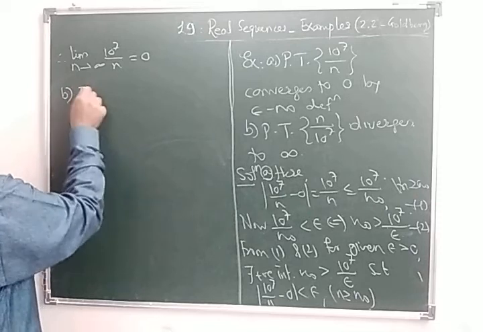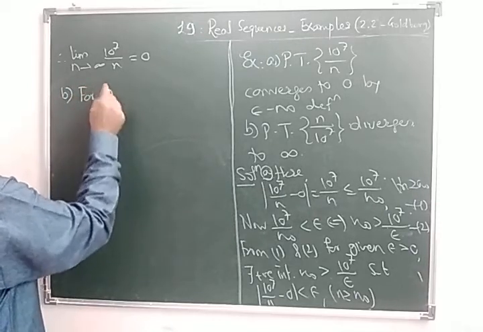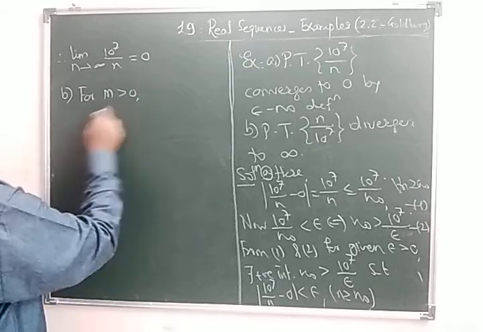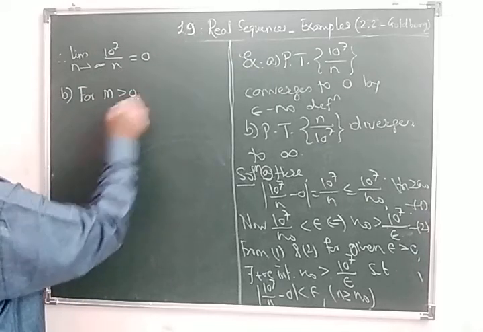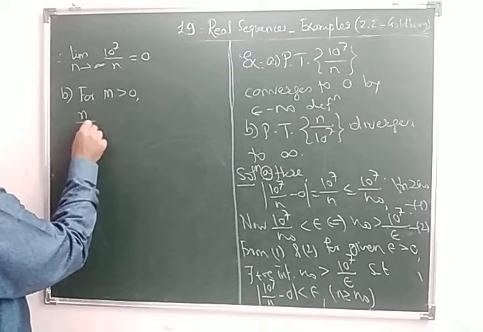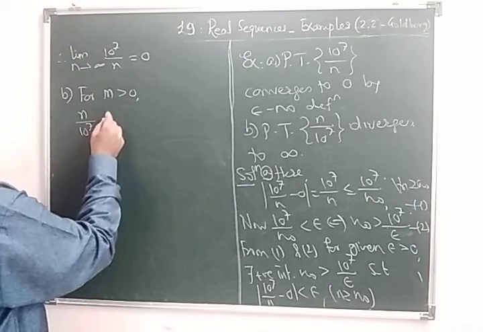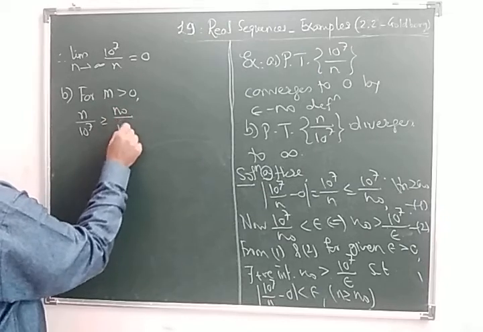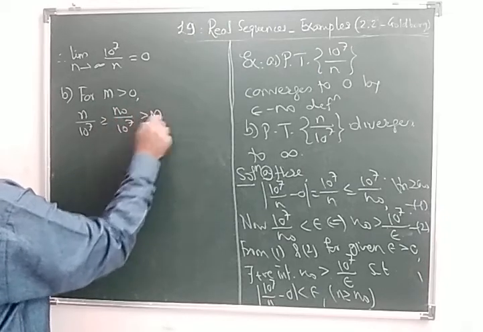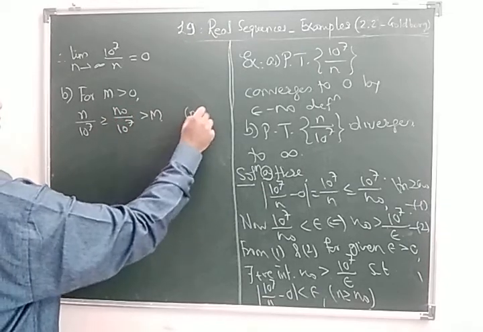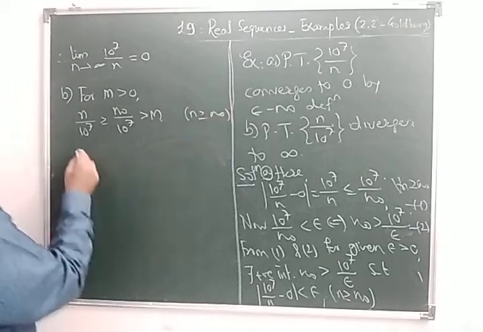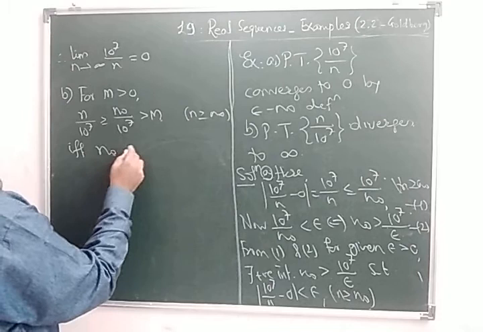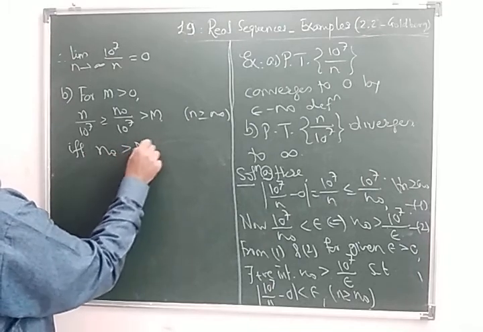For m greater than 0, n upon 10 raised to 7 is greater equal to n naught upon 10 raised to 7, which is greater than m if and only if n naught is greater than m into 10 raised to 7.